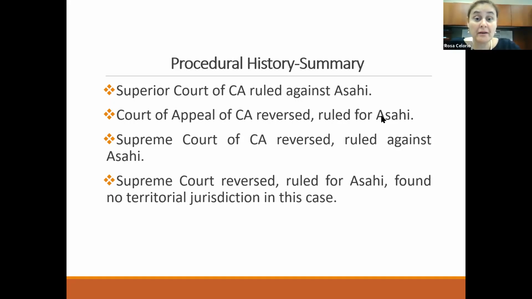Yes, and you know what, Judge Barr? The due process clause. Yes, the due process clause.